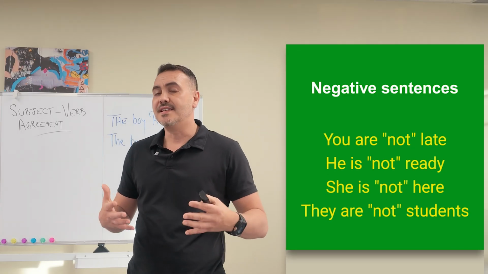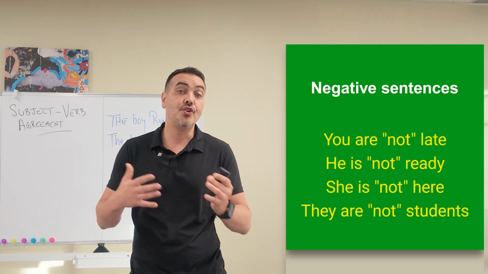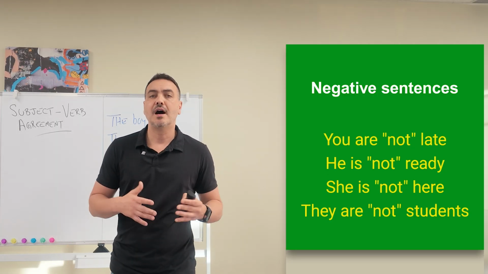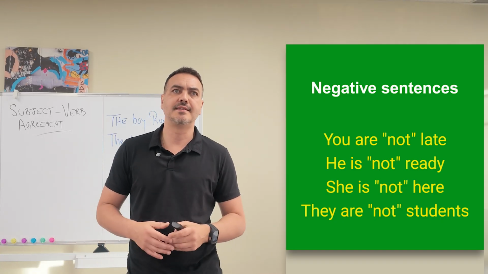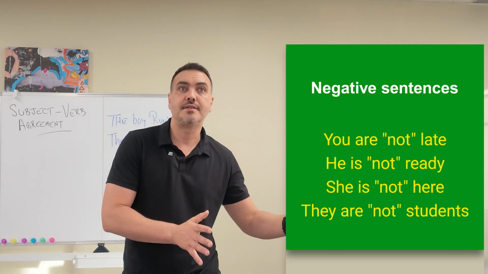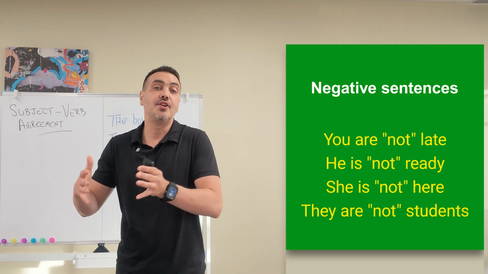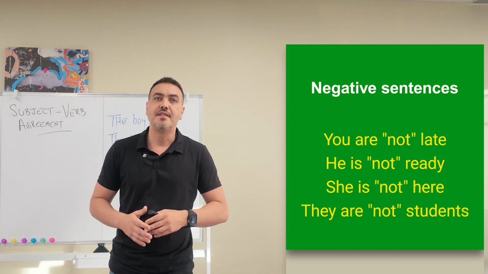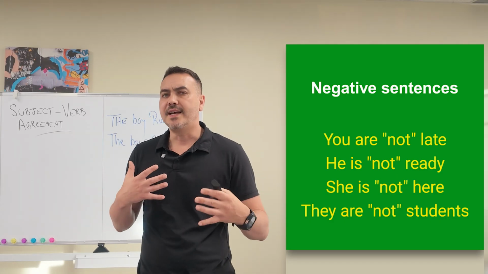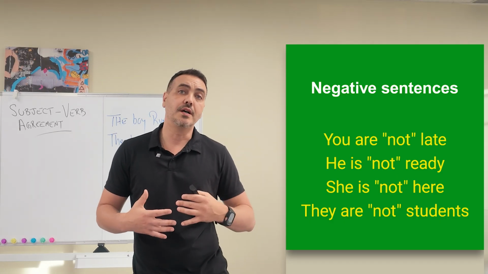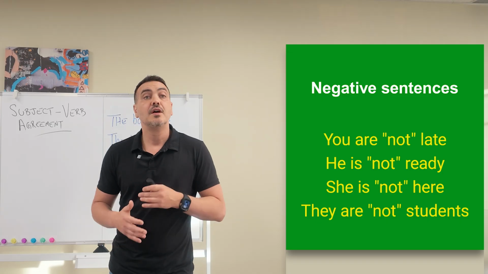For negative sentences, we add not. Okay? I am not tired. You are not late. He is not ready. She is not here. They are not students. In speaking, we can also use contractions.